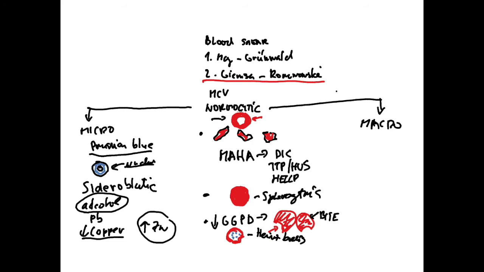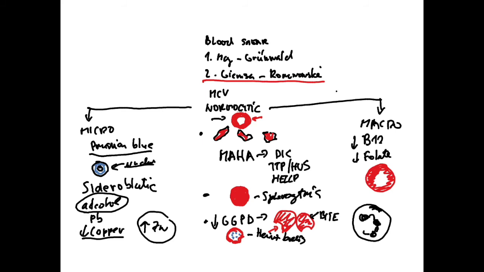And of course the last one, if there are decreased levels of B12 or folate, the erythrocyte is going to be bigger, but what you will check is a neutrophil, and you'll see that they are polysegmented, and this is a hallmark of megaloblastic anemia.